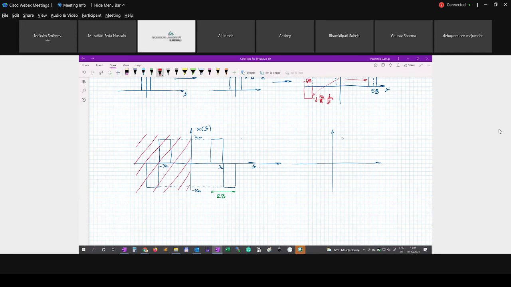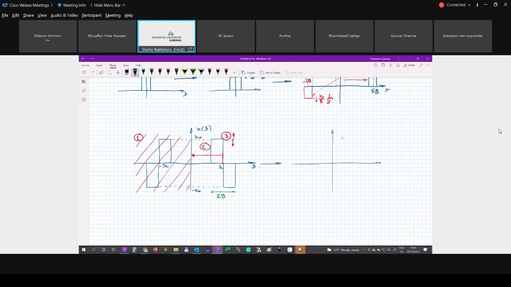Then we shift our signal by the corresponding frequency, and in our case we perform the shift with respect to frequency fc. And the third step, we have to normalize amplitude.